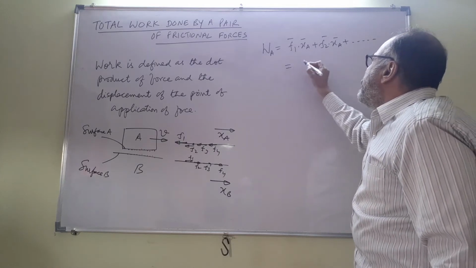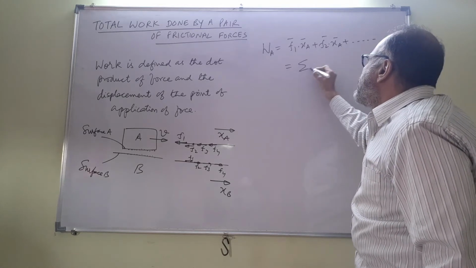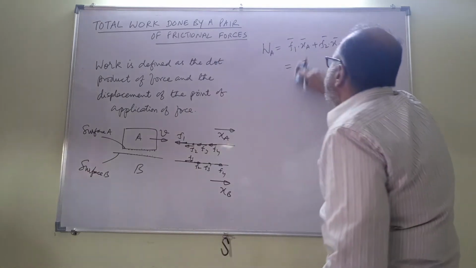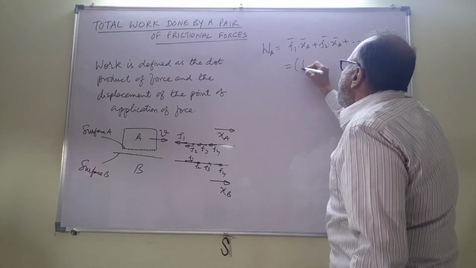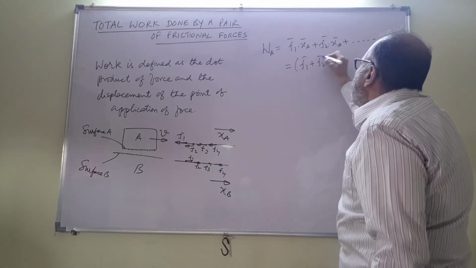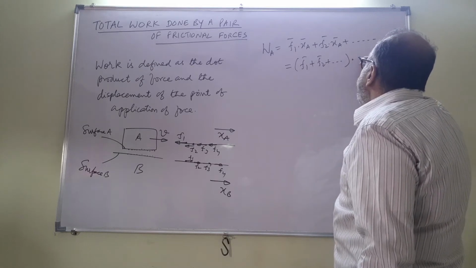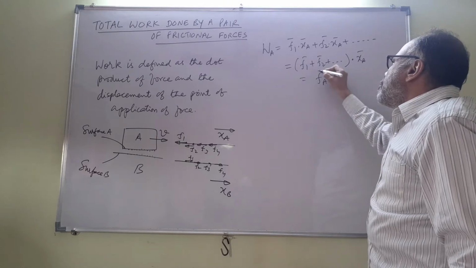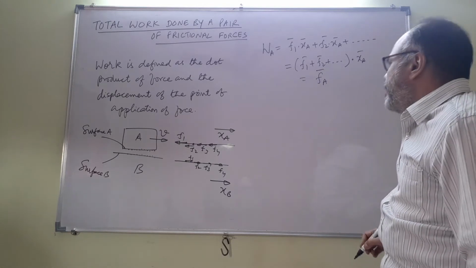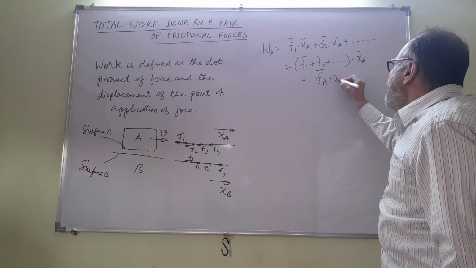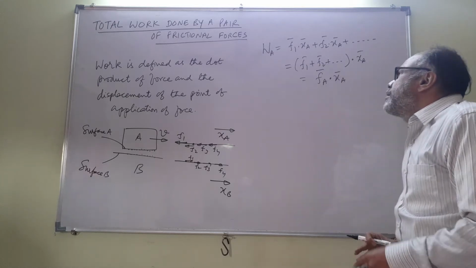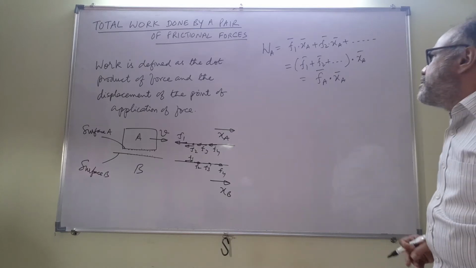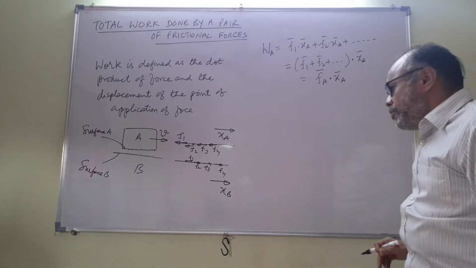Now we can take XA common and say this is the summation of F1, F2, etc. dotted with XA. This is the total frictional force on the surface A, FA we will call it. So this will be FA dot XA. That will be the work done on the surface A.